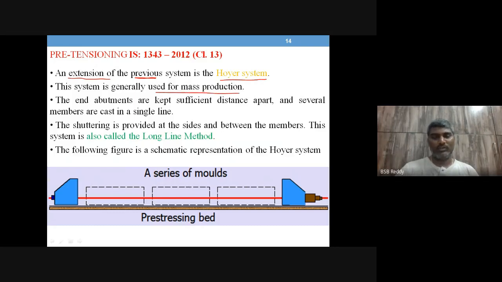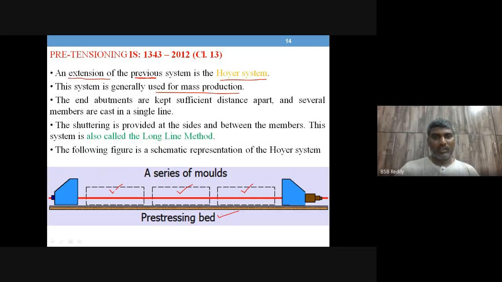If you want a number of such members to be prepared, just for example, it is shown with three molds. You can have a very lengthy pre-stressing bed which can accommodate hundreds of such members, even in parallel lines.